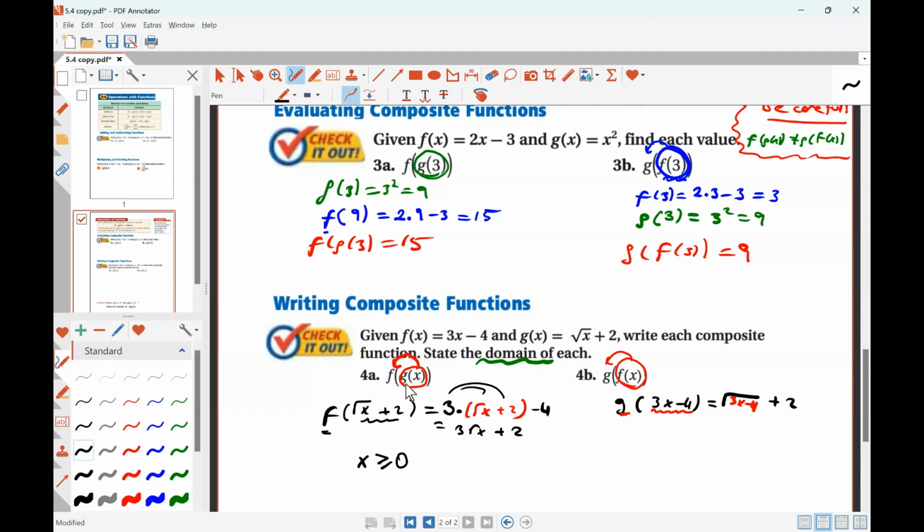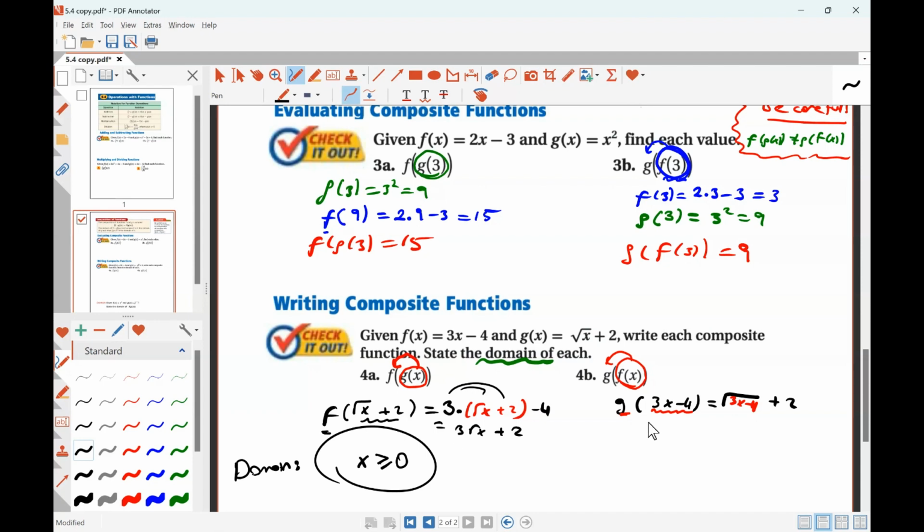For the domain of the inside function, let's look at g of x. Here is g of x. The domain of the inside function is also the same. We have square root of x plus 2. It is also x values greater than or equal to 0. So their intersection is the same. X values greater than or equal to 0 is the domain for this composition function.